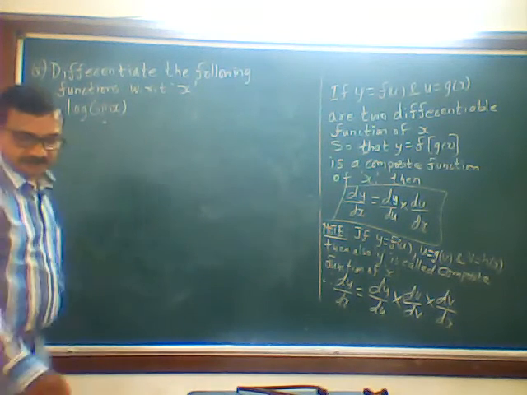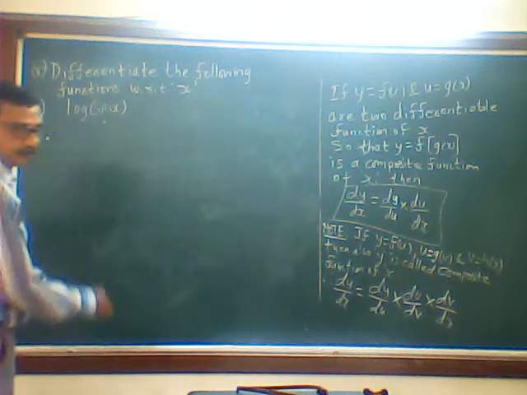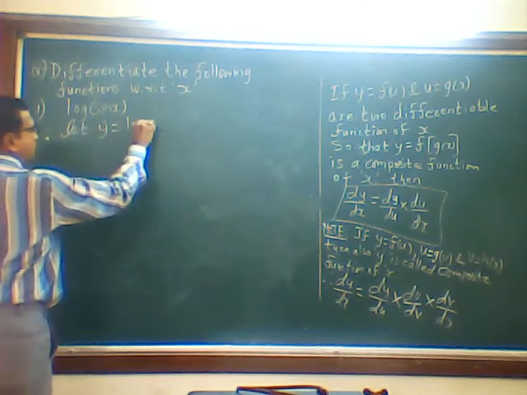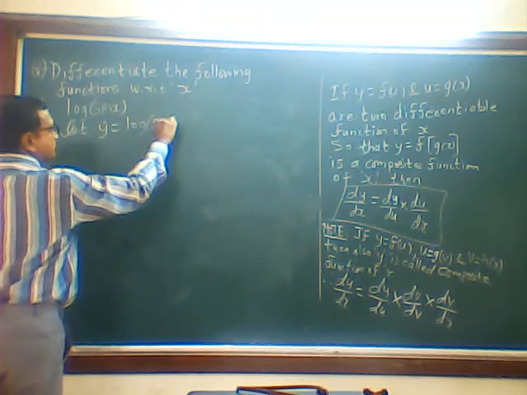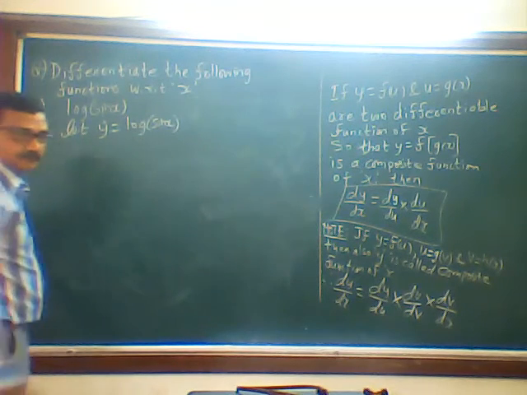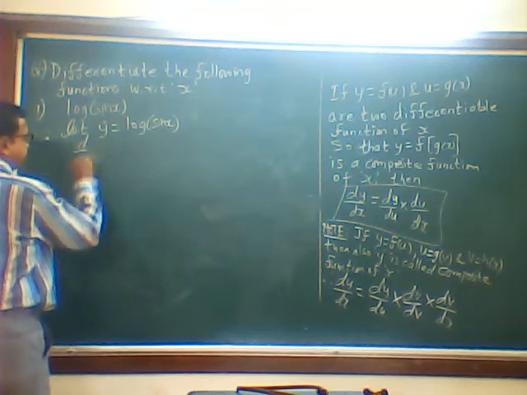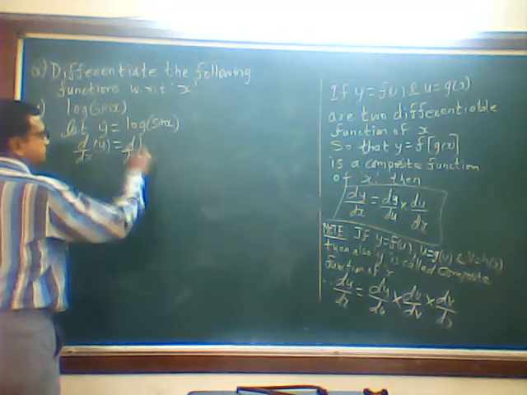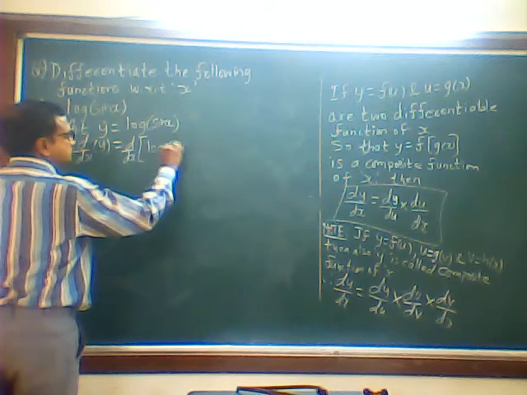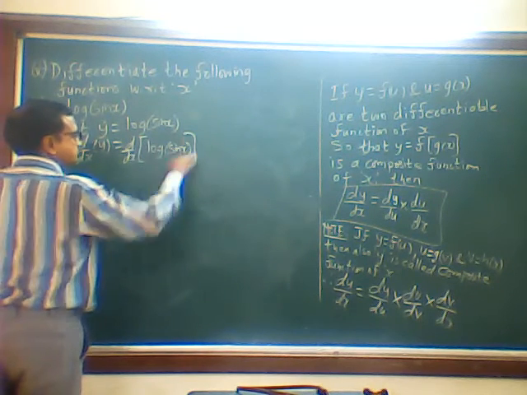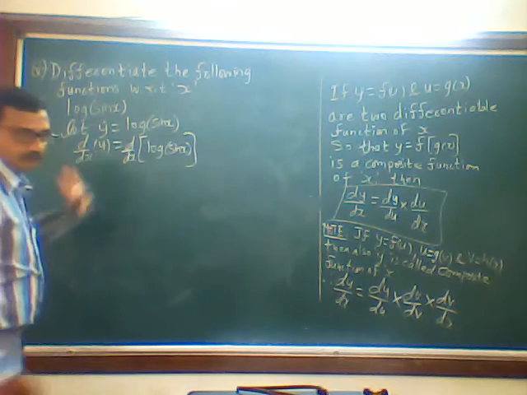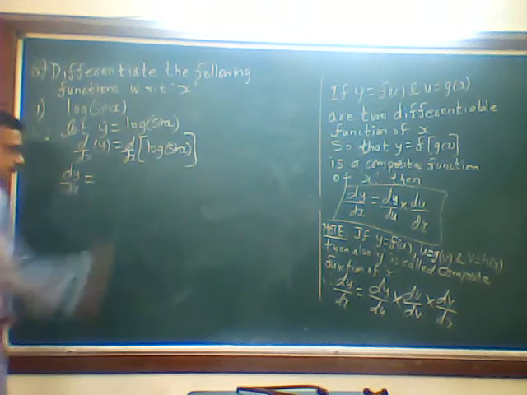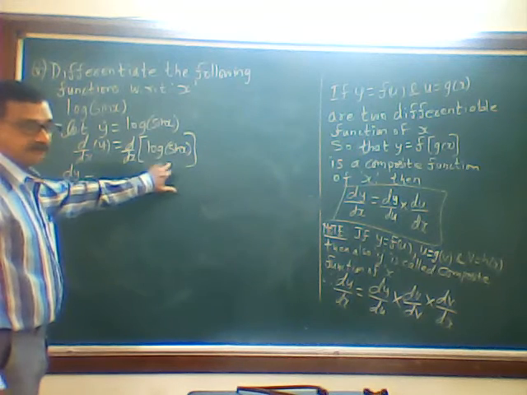Log of sin x. So first, always you are going to assign it. Let y is equal to log of sin x. Then we will apply dy by dx on both the sides. So this will become dy by dx is equal to d by dx of log of sin x.